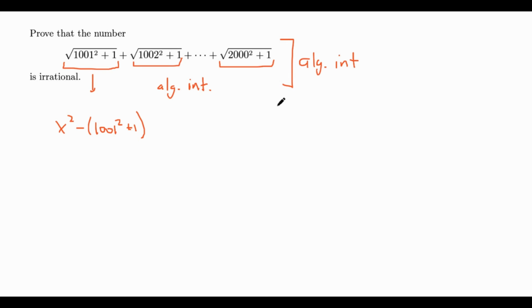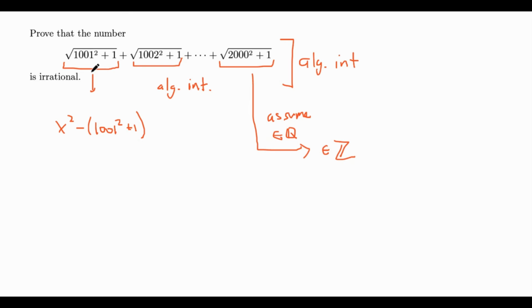So now we note that if the number is rational, then by our second property, this entire thing must also be a rational integer. So in other words, if we assume it's rational, then it implies that it is a rational integer. So now we just need to prove that this entire thing isn't a rational integer.